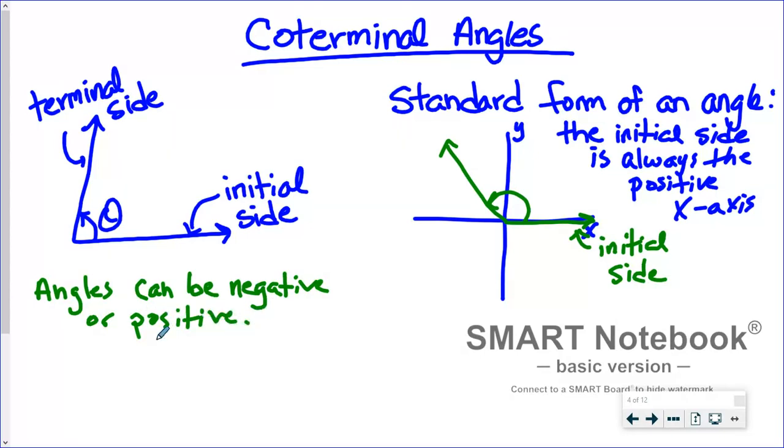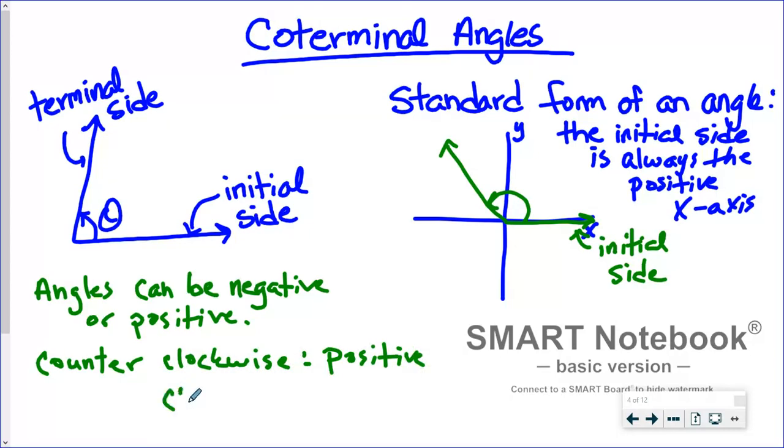If we go counterclockwise, we say that the angle is positive. Obviously if we go clockwise, we say that the angle is negative. So in this case, because I'm going counterclockwise, this would be a positive angle.